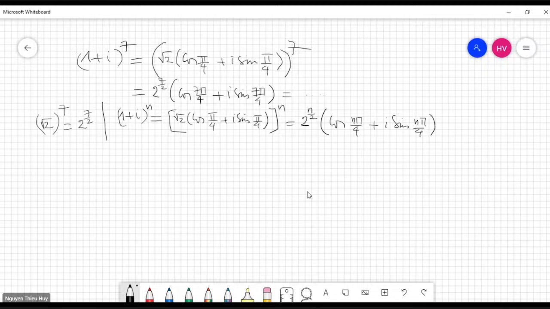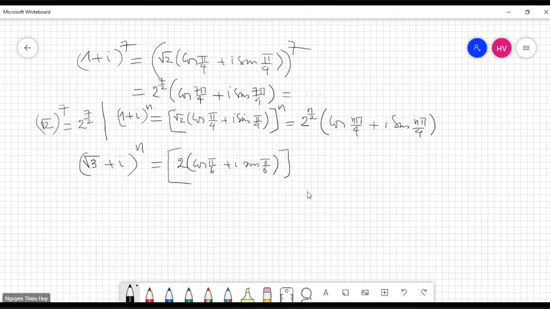Okay, let's do one more example. So let's do square root 3 plus i to the power n, for example. Then as above, firstly we have to change this square root of 3 plus i to the polar form, but we already did it before. So the formula is 2 multiplied by cos pi over 6 plus i multiplied by sine pi over 6, right?